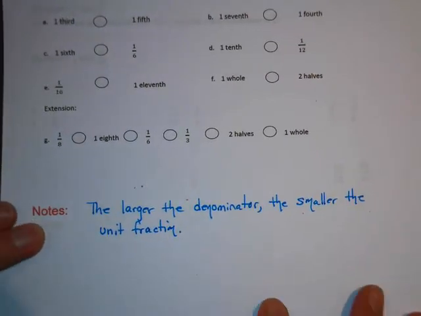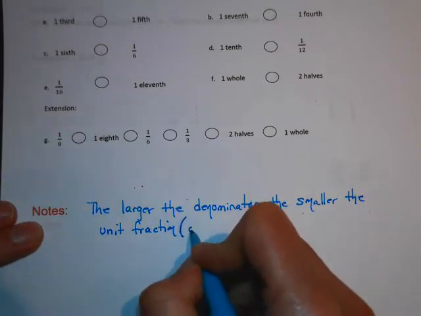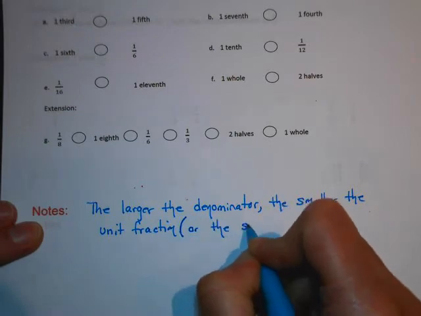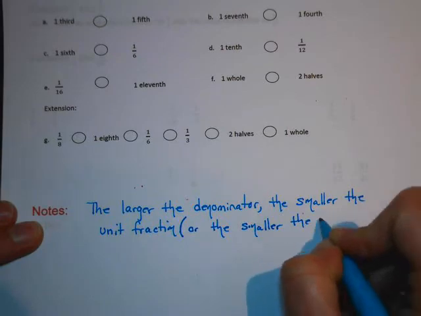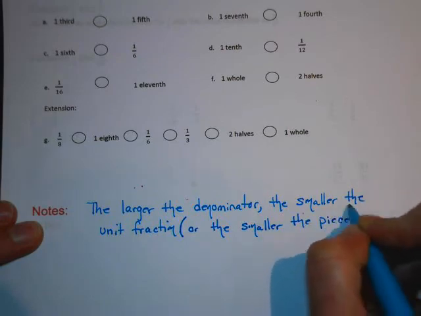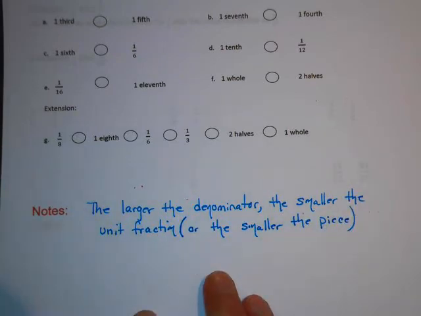The larger the denominator, the smaller the unit fraction is, or the smaller the piece size. The smaller the piece of pizza. If you're cutting up a pizza into 20 slices, man, those slices are going to be small compared to if you cut up the pizza into 5 slices.